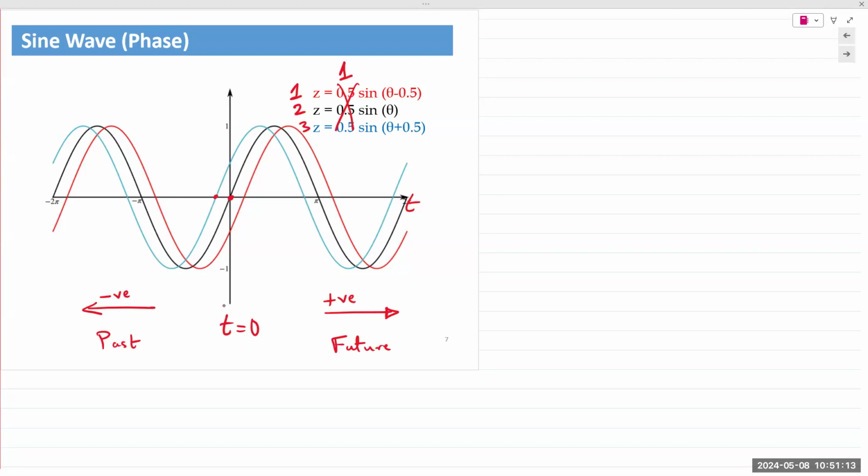So the moment in time when the waveform in blue crossed t equals 0, the waveform in black, which is waveform number 2, was yet to come. So the waveform in blue, waveform number 3, is ahead of waveform number 2. And that is indicated by the positive phase number.